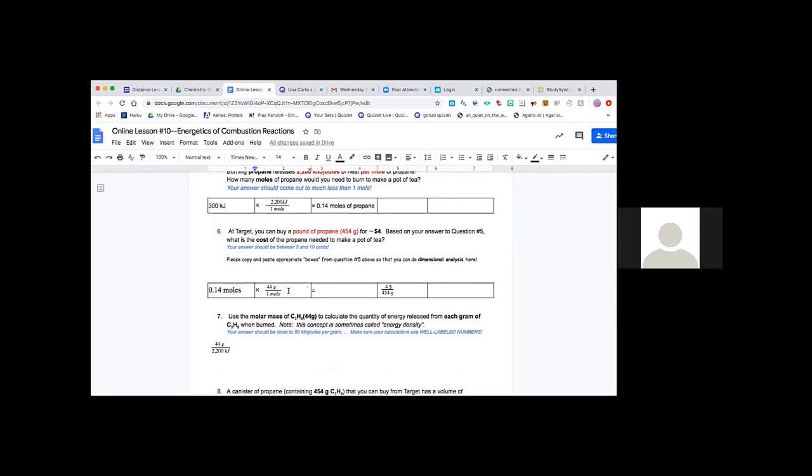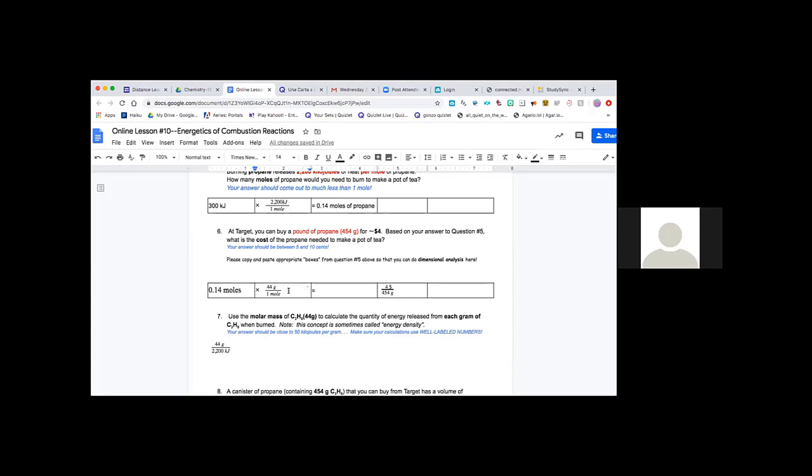Okay. It'll work. And you can see, I hope, that the moles will cancel the moles in that first step. Do you understand dimensional analysis, how it works? So moles will cancel moles. And so what will your answer be from that first calculation?